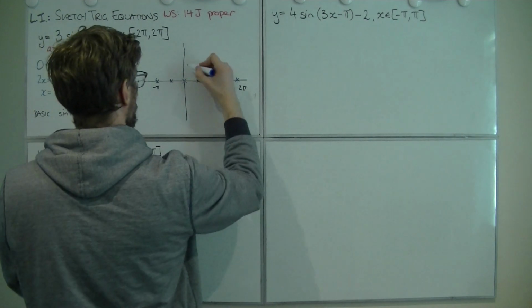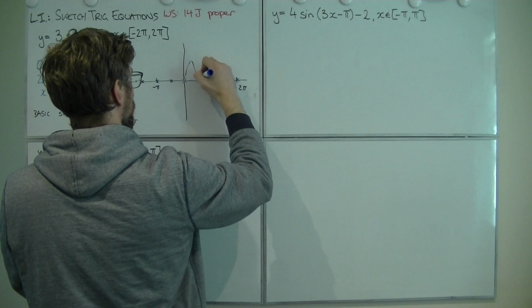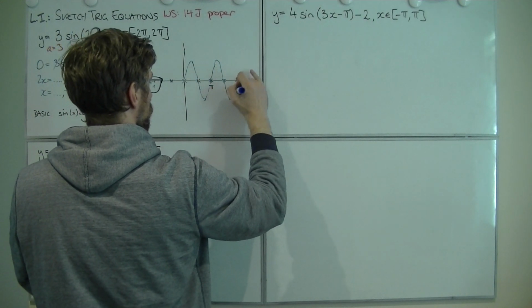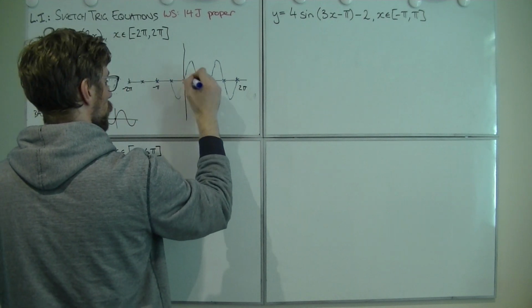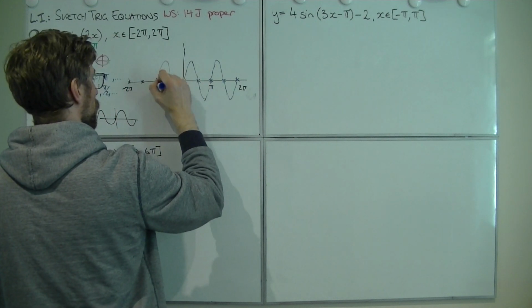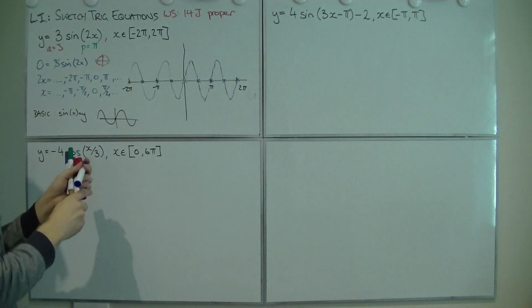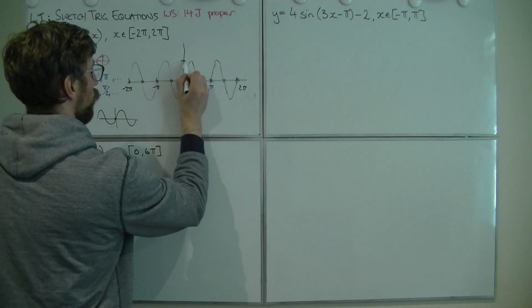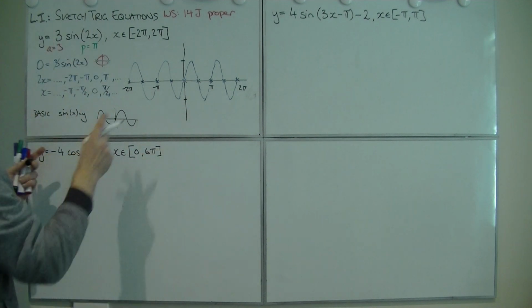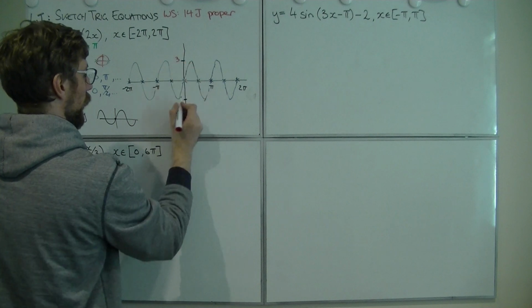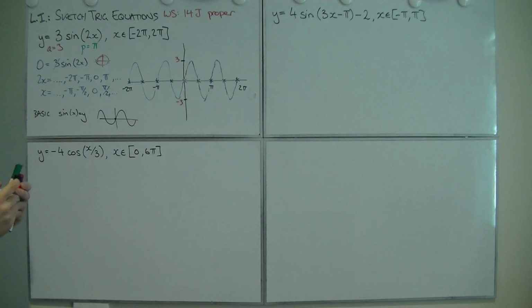It has to come back down through this, then back up, back down, back up, and similar story for the rest of it. Something like that. Great. Now we need to know how tall this thing is. That's what the amplitude was about. So that's 3 and negative 3.